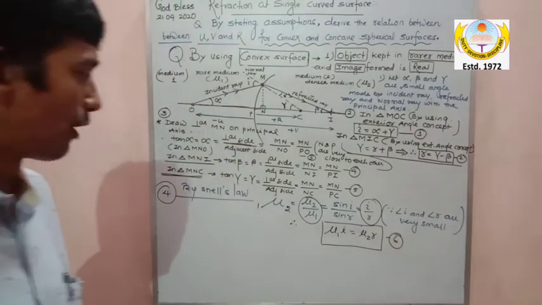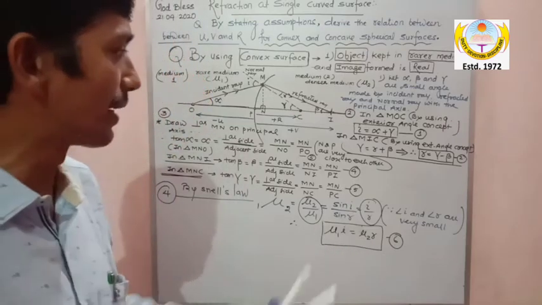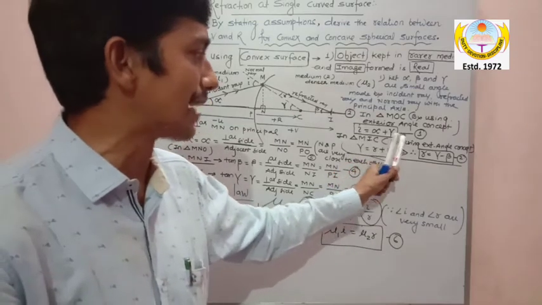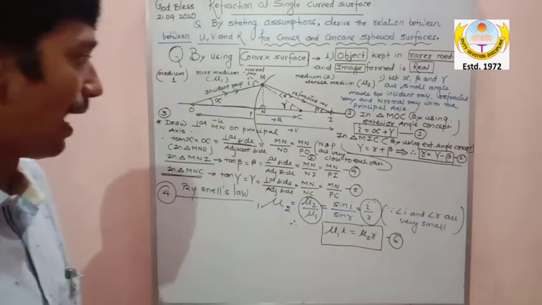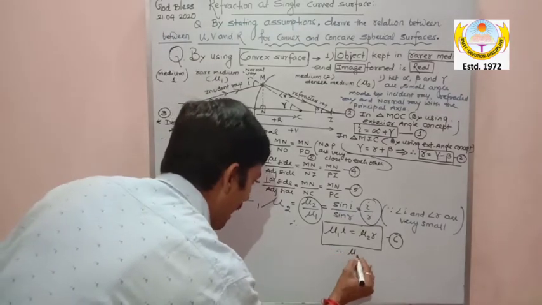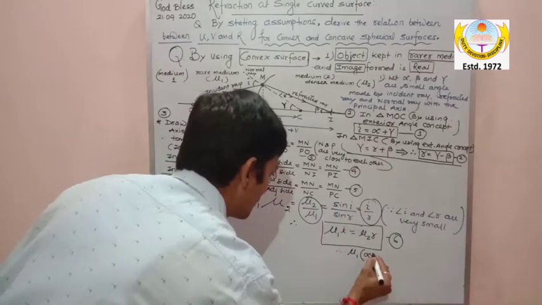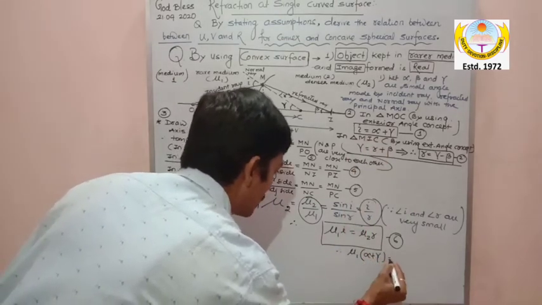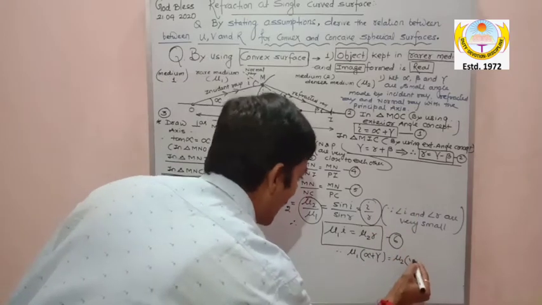And I will proceed from here onward, that this is mu 1 I and mu 2 R. You all can see I is alpha plus gamma and R is gamma minus beta. I hope it is clear. So here I will write, therefore, this is mu 1, I is alpha plus gamma, is equal to mu 2 and R is gamma minus beta.